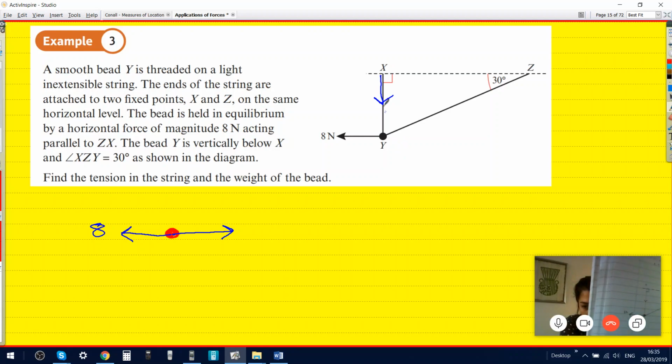Yeah, so label that T, and then there's another one, T. So do X and Z have reaction forces? Not sure. We have to find the tension in the string and the weight of the bead.